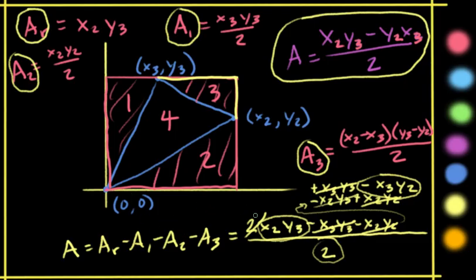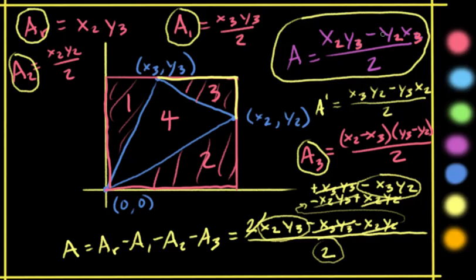Actually, I want to point out first of all that if you were to swap which one is 2 and which one is 3, then you plug those in here, you would get, I'm going to call that A prime. If you swap the 2 points, you get A prime. What is that? Well, that'll be equal to x3 y2 minus y3 x2. Just change all the 2's to 3's and all the 3's to 2's, and that's divided by 2.